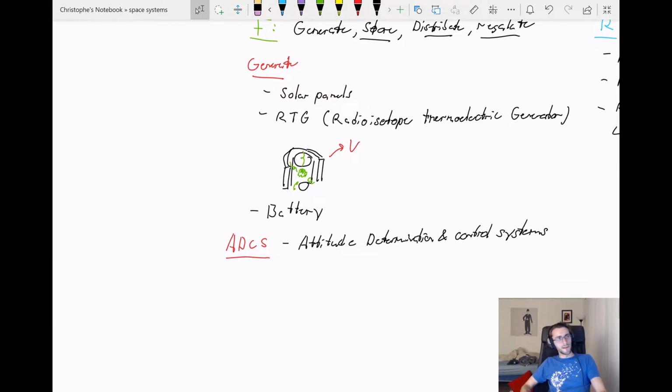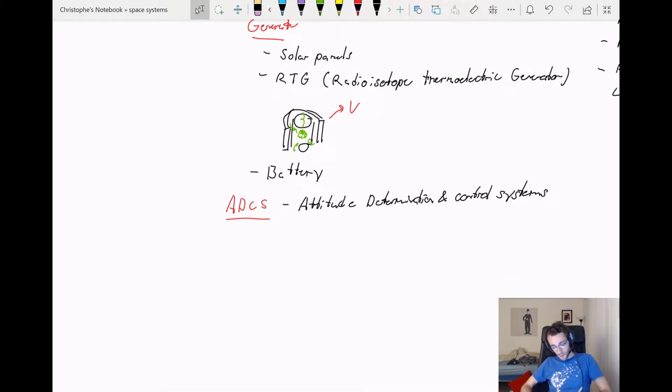So what the hell is attitude? Well, we're certainly trying not to program our space vehicle to have an attitude, but we do want to be able to control its attitude. Now, attitude is just generally where the spacecraft is pointing.